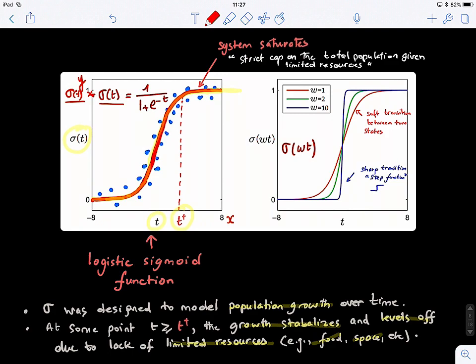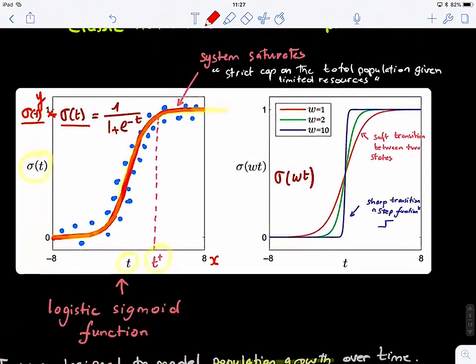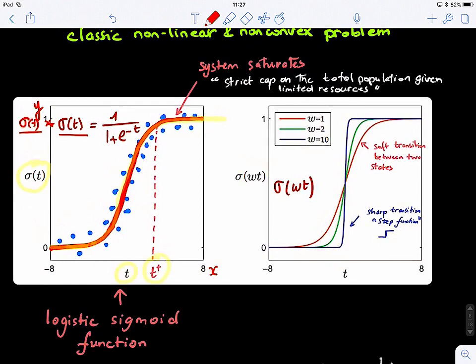Okay, so here we can also look at the sigmoid function, and we can add what we call a scaling, like a weight parameter, and this parameter W will tell us about the transition that the x variable is making in function of our target y output, or in this case the time in function of the population growth.